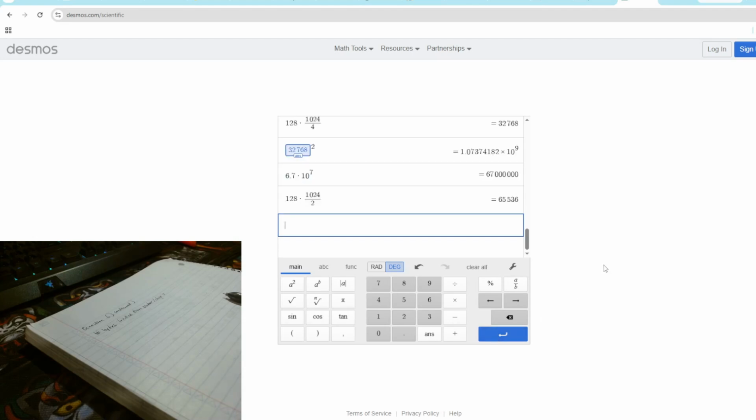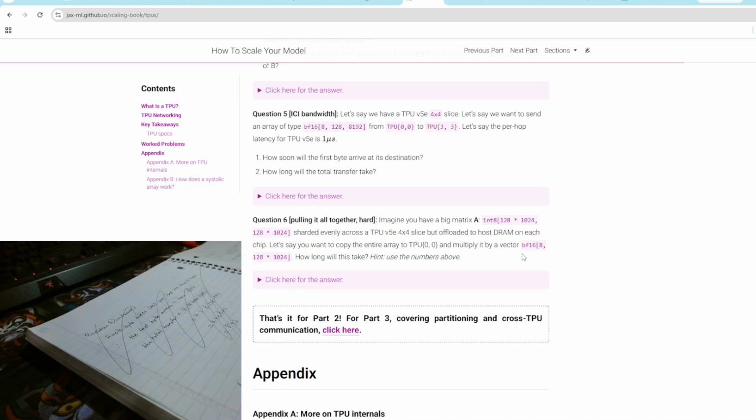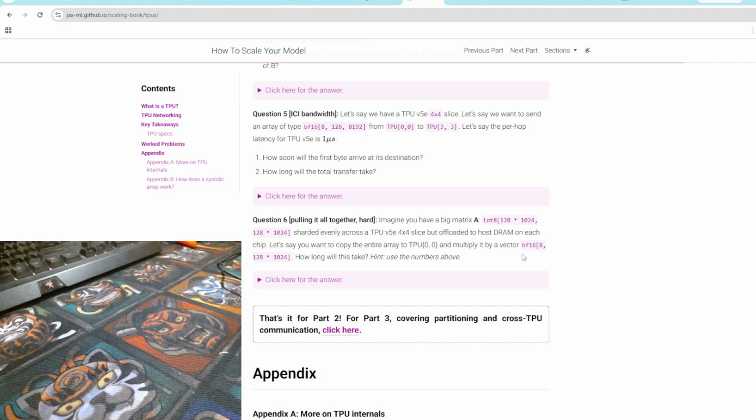So we get 65,536 bytes per chip. Hope these numbers are right. Oh, it's times 2 because it's BF16.